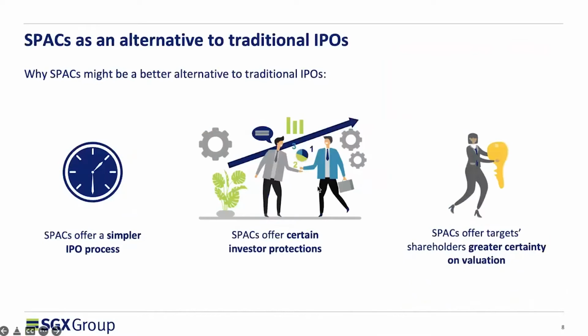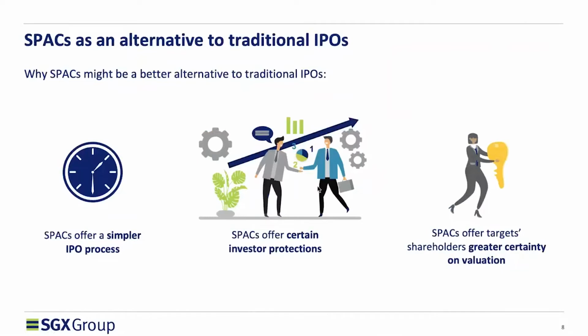Okay, the next question you probably have would be, how would SPACs be different from traditional IPOs? So you and I may actually be familiar with how traditional IPOs work, and we must be thinking, why must there be an alternative to the traditional IPO process?